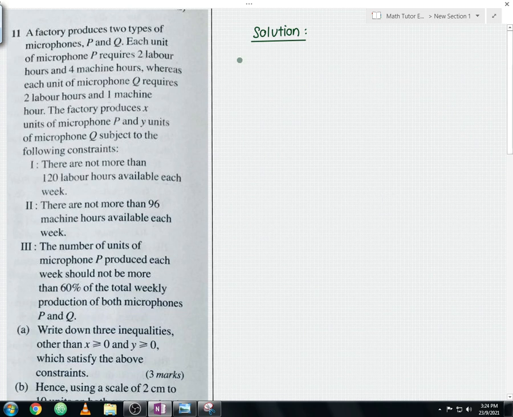Let us begin our discussion for the question part A. To start off, we need to identify the x and y variables.